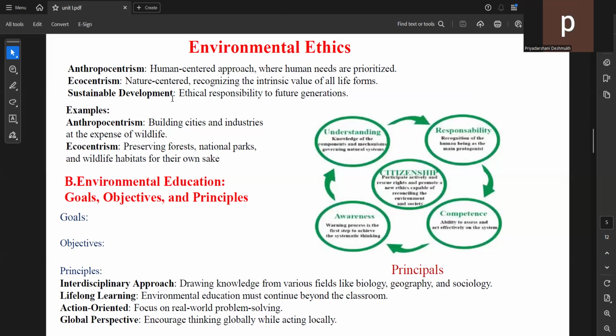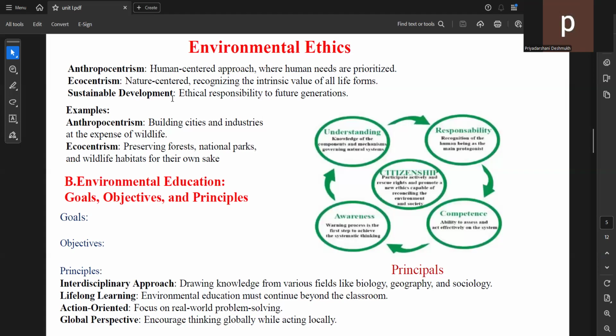The main goals of environmental education are to develop an understanding of ecology, ecological systems, and the interdependence of living and non-living things, fostering attitudes, behaviors, and skills that encourage responsibility in environmental decision making, and encouraging action-oriented programs that address environmental issues.